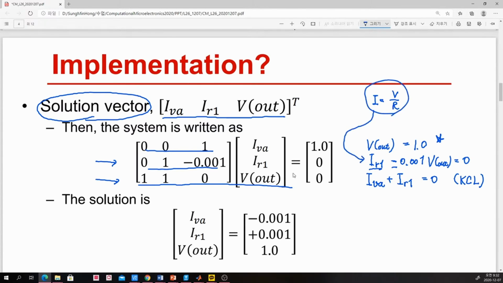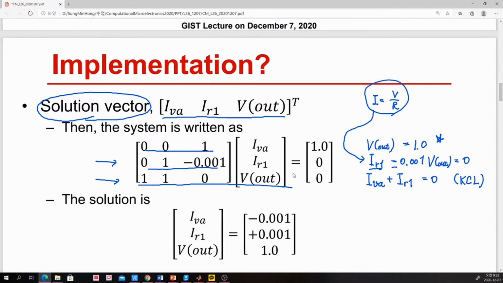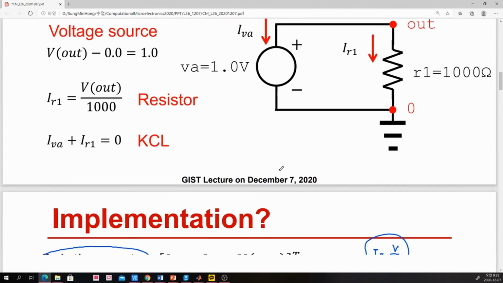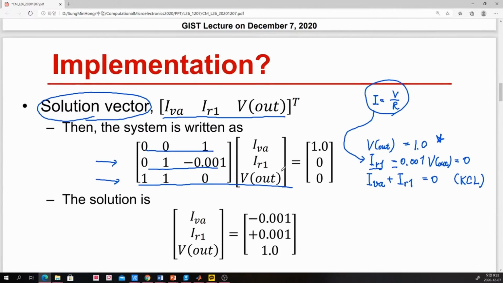So this is Ohm's law, which is suitable for a resistor. You can easily understand. We have three equations, and these three equations can be easily mapped into a matrix form.